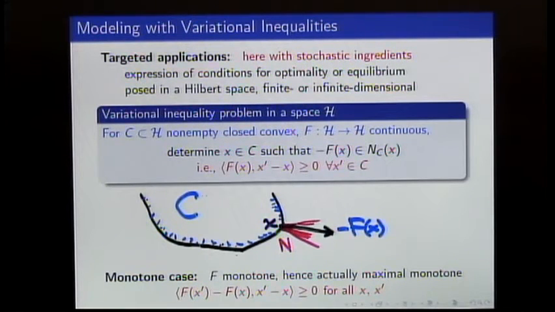So I will start from the beginning here with a Hilbert space. And there's nothing stochastic at the beginning. I have a non-empty closed convex set, and I have a mapping from the Hilbert space into itself, which I'm going to assume to be continuous.